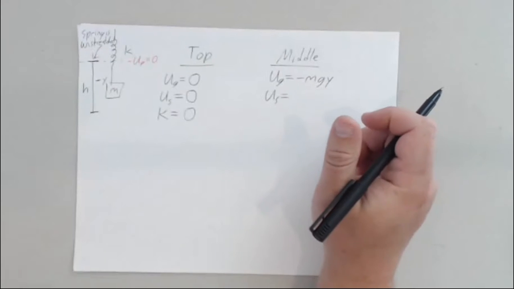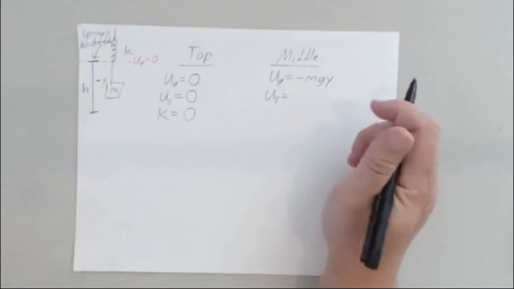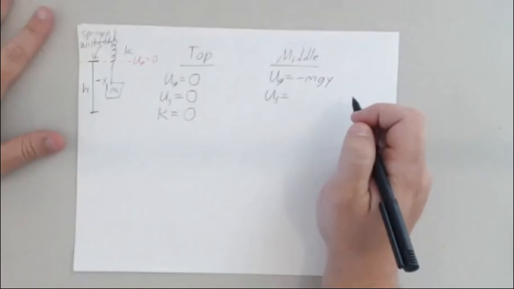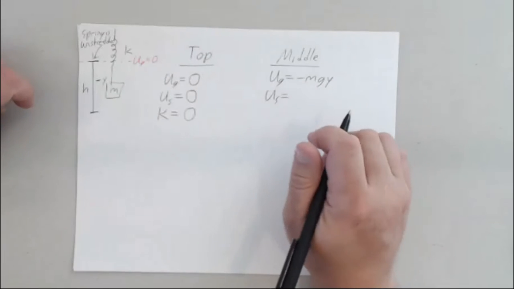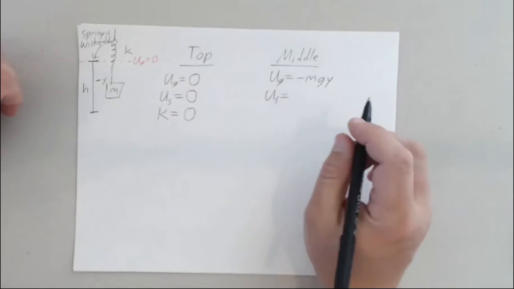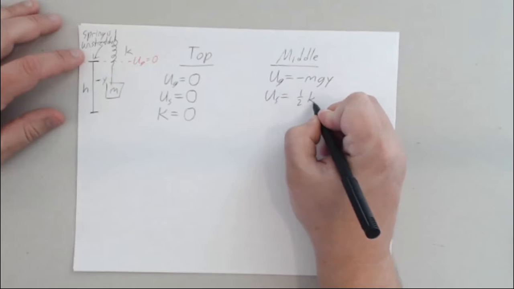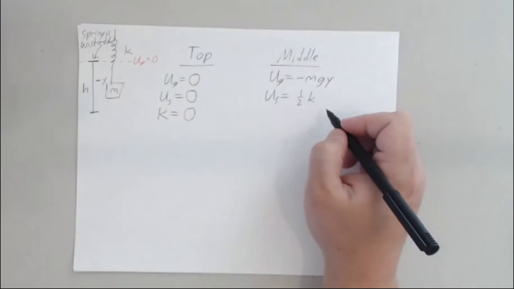How about our spring? Anybody remember the formula for spring potential energy? Kx. That's the force, right? So if we want the potential energy, we've got to do an integral on that thing. What we end up with is 1/2 k, and then what's x that you just said?